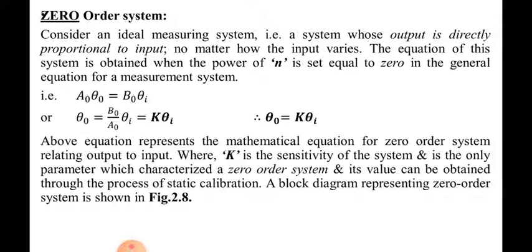This is quite simple, as you have studied various differential equations in M1 and M2. Here k is the sensitivity of the system, or the proportionality constant of the system, and it is the only parameter which characterizes a zero order system.